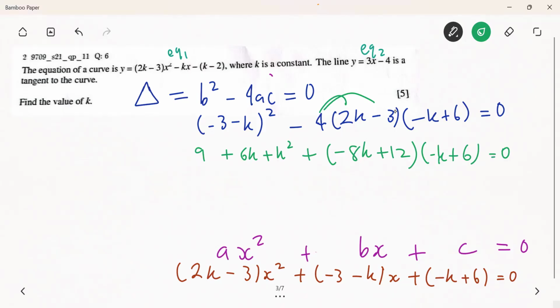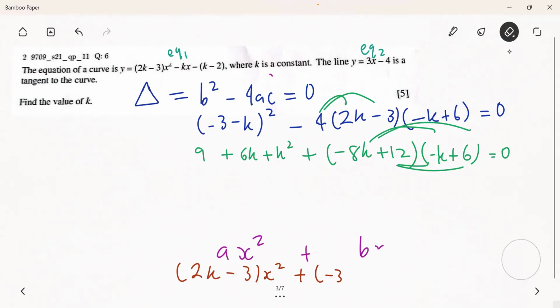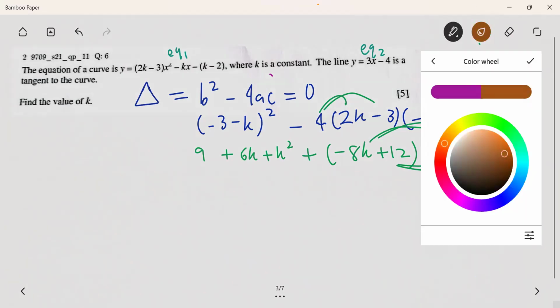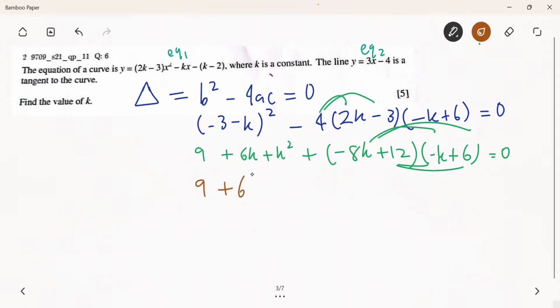I'm going to have to use FOIL here: firsts, outers, inners, lasts. I'm just going to do it in another color so it's distinguishable. 9 plus 6k plus k squared. Firsts: negative 8k times k gives positive 8k squared.